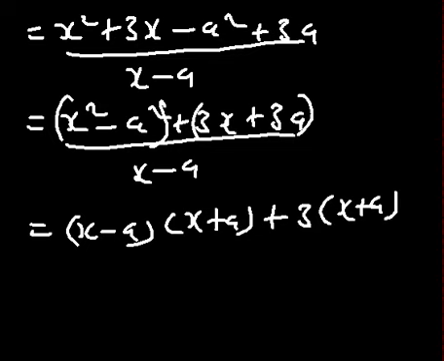As you can see, we have a common factor, x plus a. We'll factor it out, and we have x plus a and the overall x minus a, divided by x minus a.